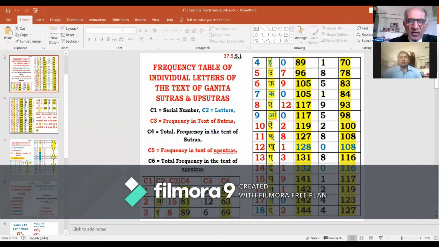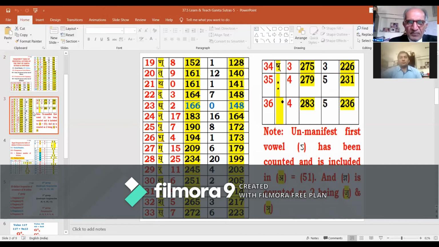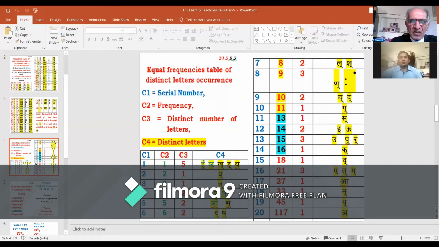C4 gives the total summation value. Then C5 gives the frequency of occurrence of the corresponding letter in the text of Ganita Sutras, and C6 is the summation value. Once we are face to face with this table, then it will take us to the next phase, of which the focus is going to remain today, this session.